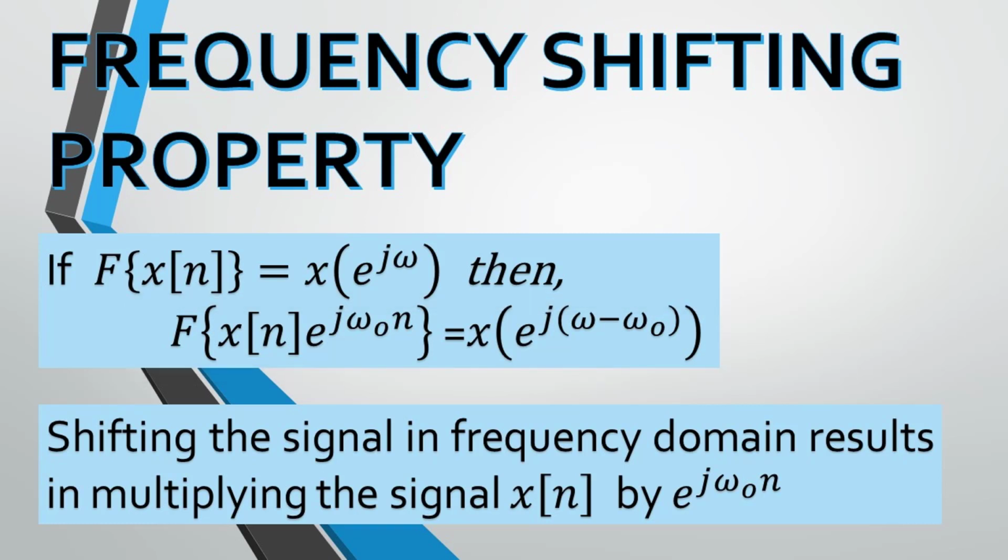That means, if we shift the signal in frequency domain, it results in multiplying the time domain signal x of n by e raised to j omega sub o n. That is multiplying the exponential term of the frequency delay. Omega sub o is the delayed frequency. This frequency shifting property is the dual of the time shifting property.